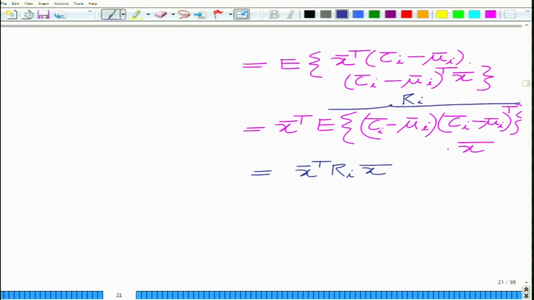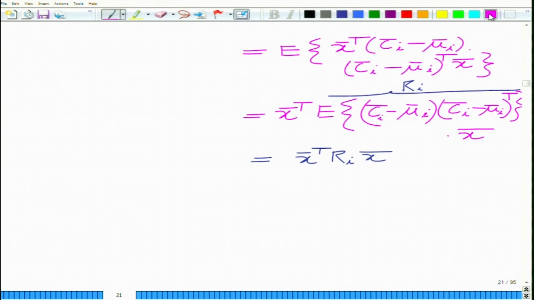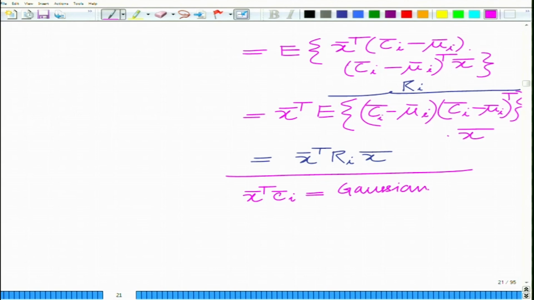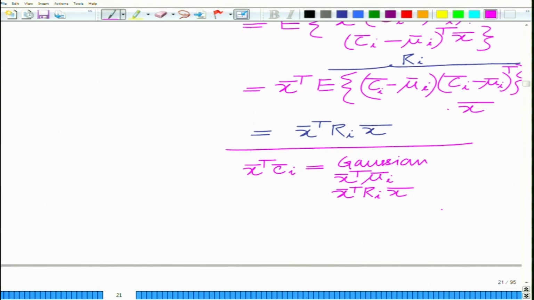Okay. And therefore, what we have seen is that x bar transpose C bar I is Gaussian with mean x bar transpose mu bar I and variance x bar transpose Ri into x bar.